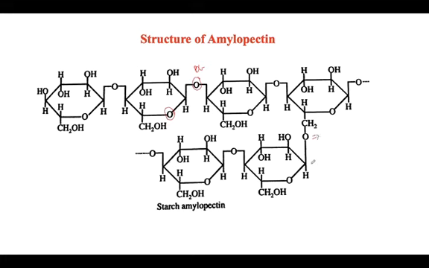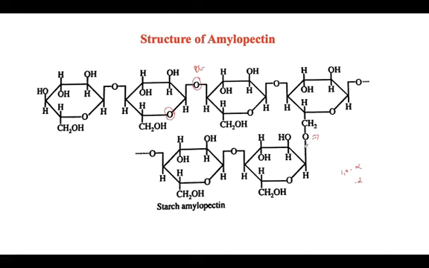Carbon 6, in some cases, is a branch point. So we have two types of linkages: one is 1,4, which is alpha in nature, and the other is 1,6, which is also alpha in nature.